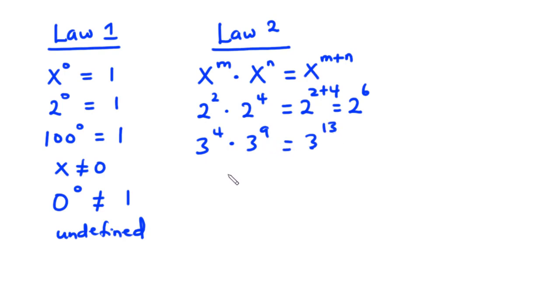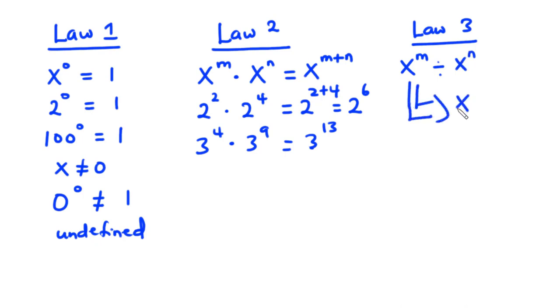Now let's talk about the third law. So let's say you have x exponent m, and then you divide by x exponent n. Now this is equal to x exponent m minus n.